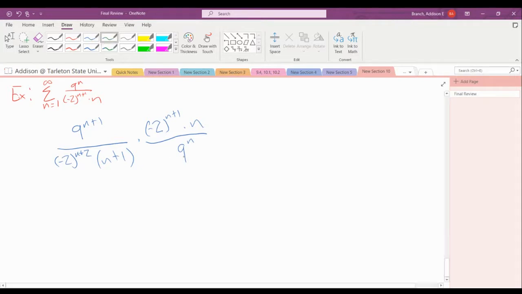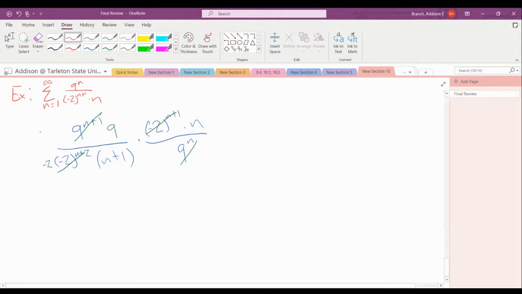We can cancel out this 9 to the n and the 9 to the n plus 1 to get us just plain 9. Similarly, we can cancel out the 2 to the n plus 1 and the negative 2 to the n plus 2 to get us negative 2 right here.